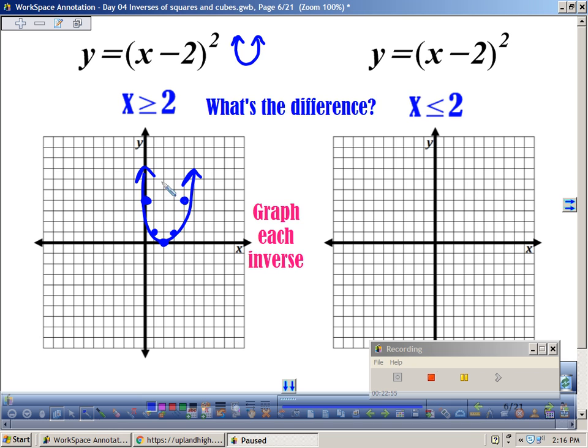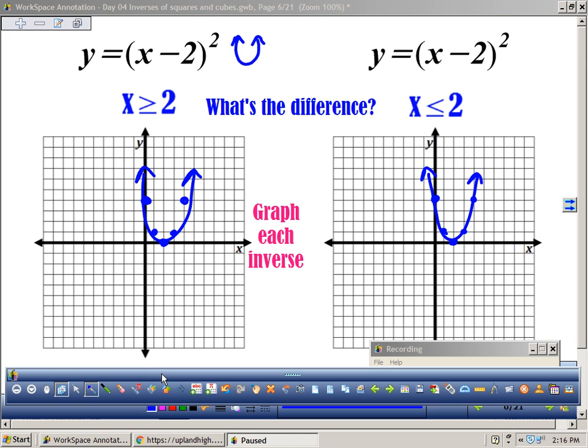Okay, so here's this one. This is the same graph, right? Only 2, 3, 4. This is the same graph, only we have different restrictions. This one says x greater than or equal to 2. Well, here's 2. Here's that line of 2.